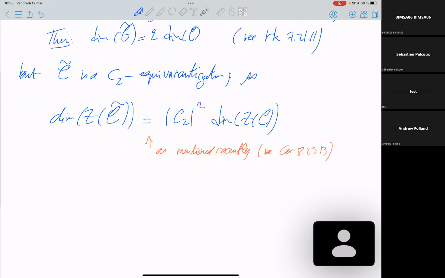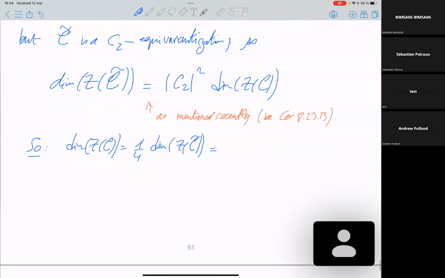Okay, so we are almost done. The dimension of the center is 1/4 the dimension of the center of the pivotalization. We know the pivotalization is pivotal, so we can apply the previous case.